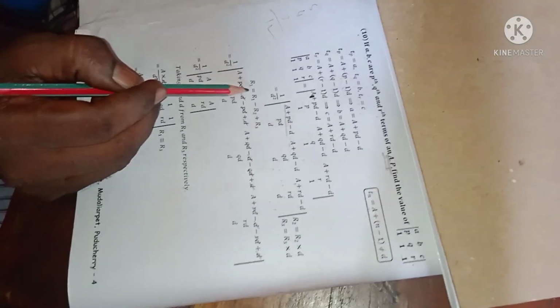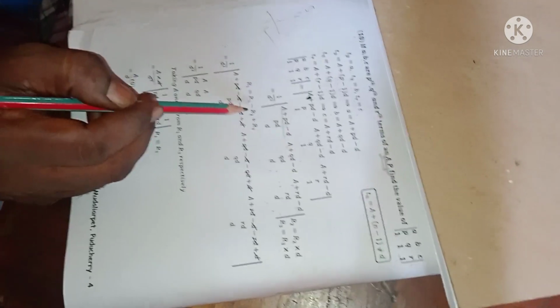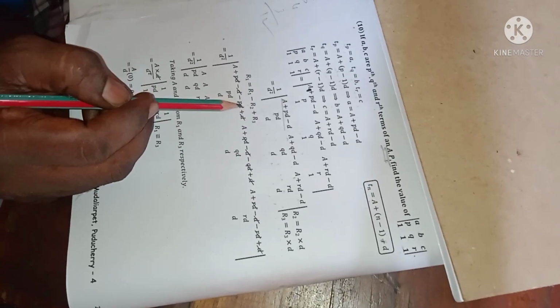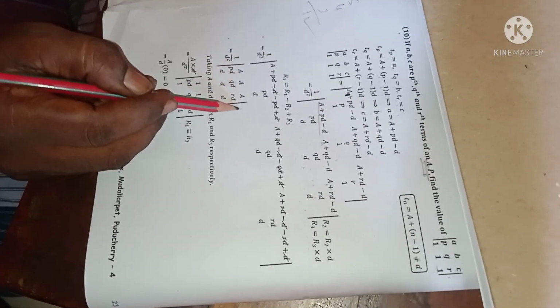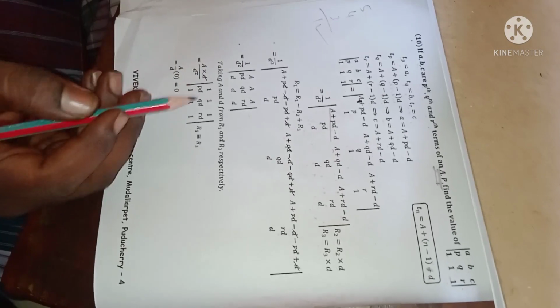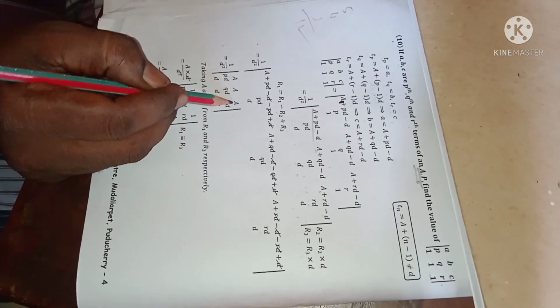If you add all these terms, that means R1 implies R1 minus R2 plus R3. Now we get this. Finally we get the answer is A. Now we can take out A and d.